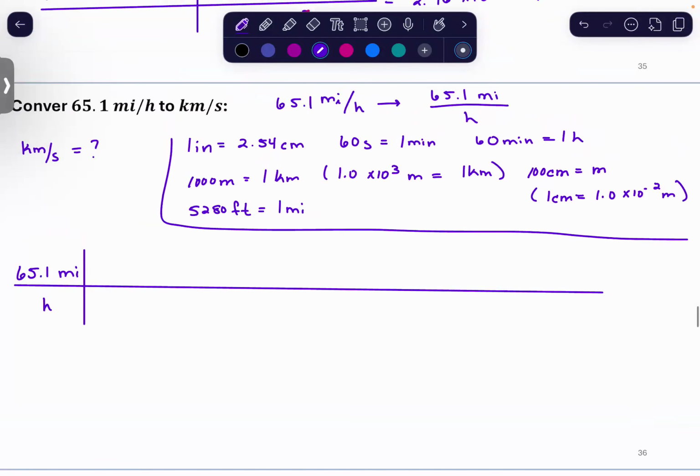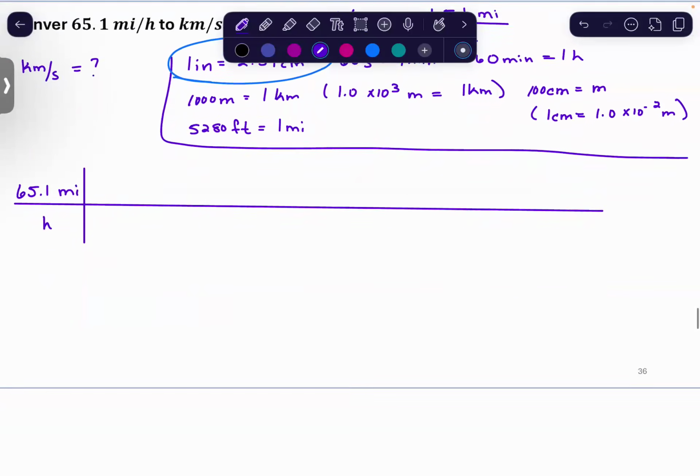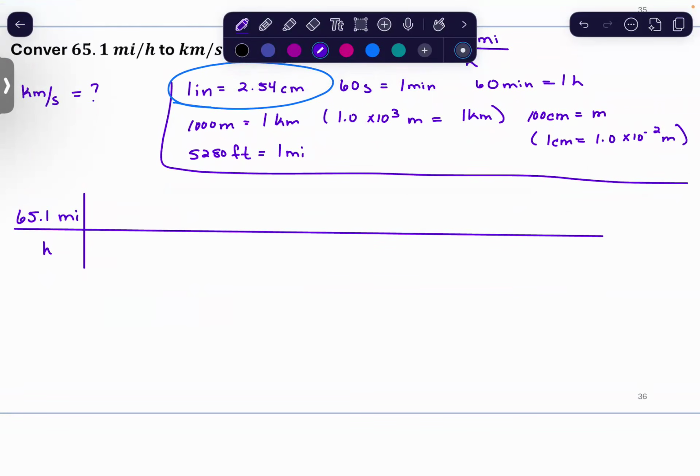Okay, since I set this up this way because the conversion factor I remember is the 1 inch is 2.54 centimeters, I'm going to work this through that conversion. Again, you can work it through whichever conversion you remember. So this means that I have 5280 feet in a mile. So now mile divides out.